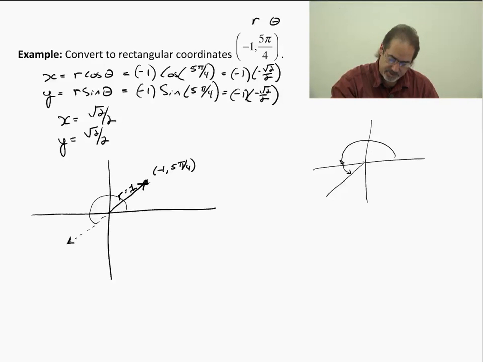Now if I look at this, I want to find the x and the y coordinate. And to do that, you can just use some basic trig, and as soon as you work that out, you're going to see that these coordinates are in fact √2/2 and √2/2. So here's my polar coordinates describing this point. Here's my rectangular coordinates describing that same point.